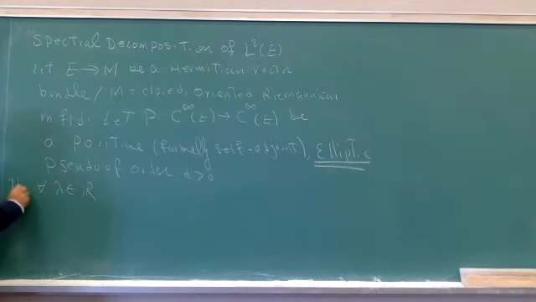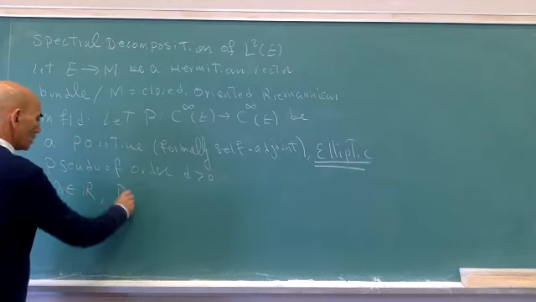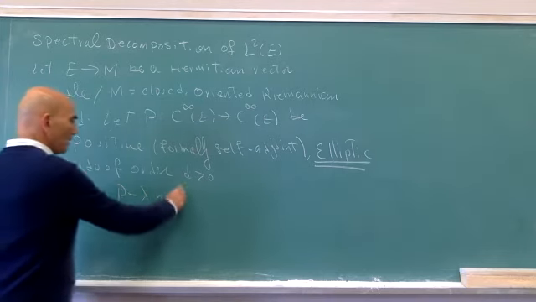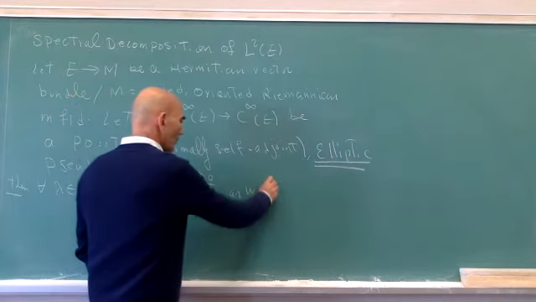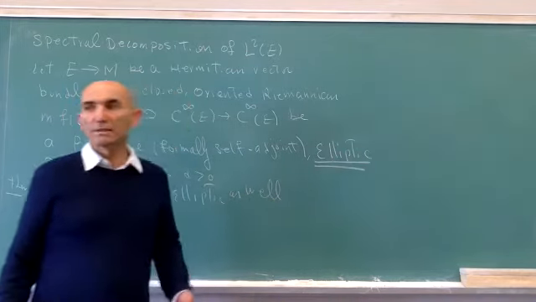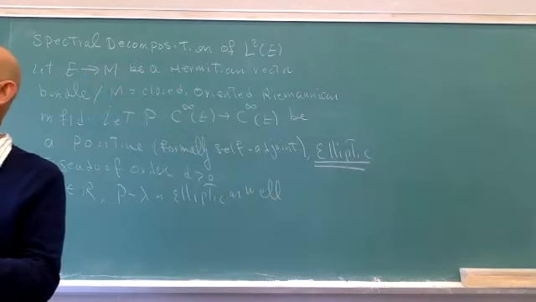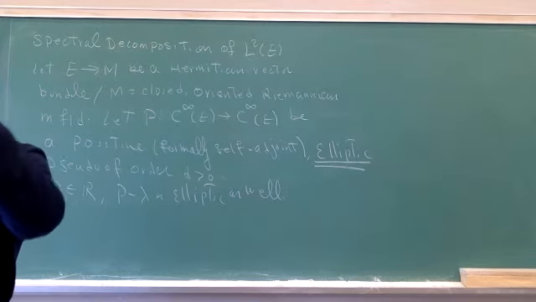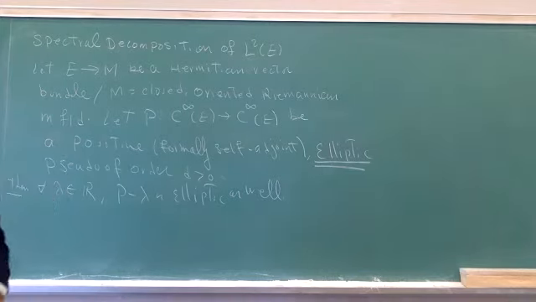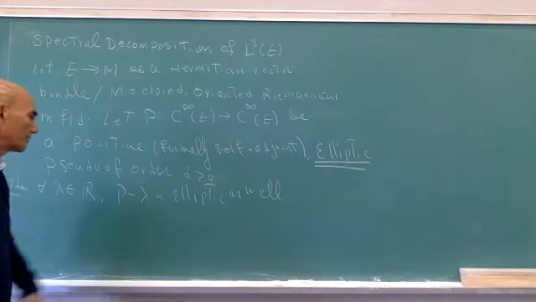Then for any lambda in R, this operator P minus lambda is also elliptic. The reason, of course, is that you're just changing the zero order part. You're not changing the top part or middle part, so it doesn't affect the ellipticity of the operator. So this is also elliptic.